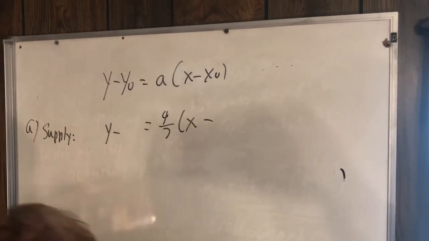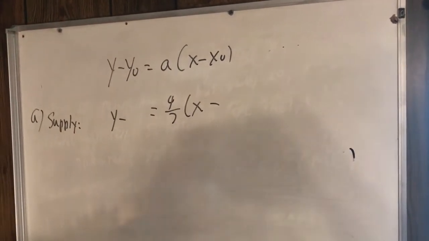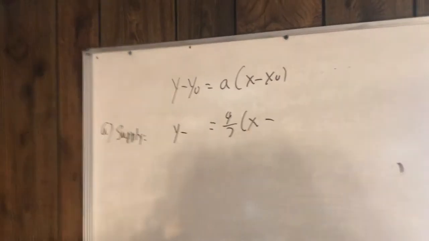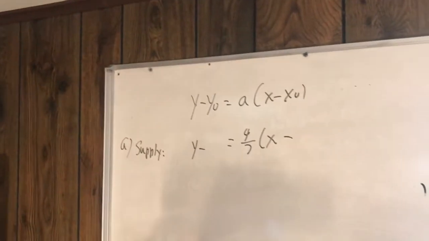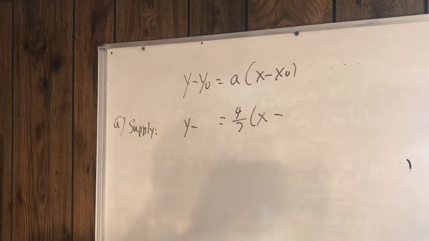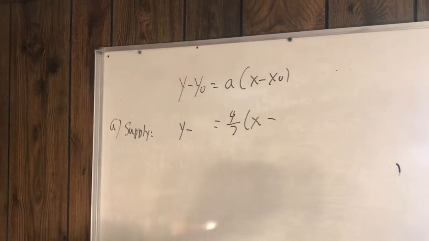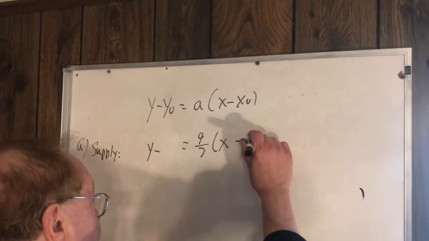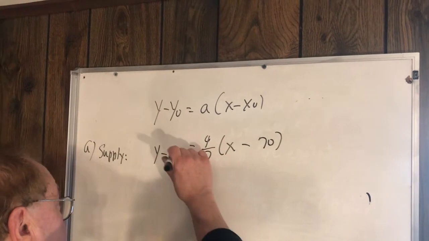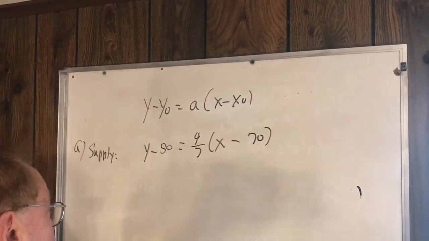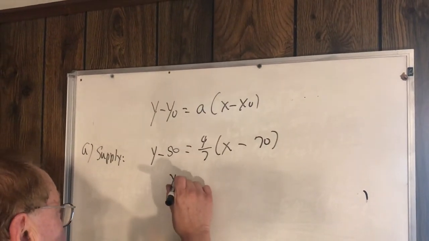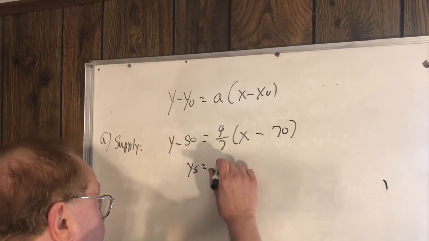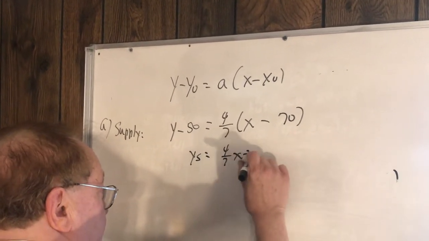I have to pick 2 points, and the point I picked was 70 and 50. When you solve this out, your supply function becomes 4 sevenths x plus 10.